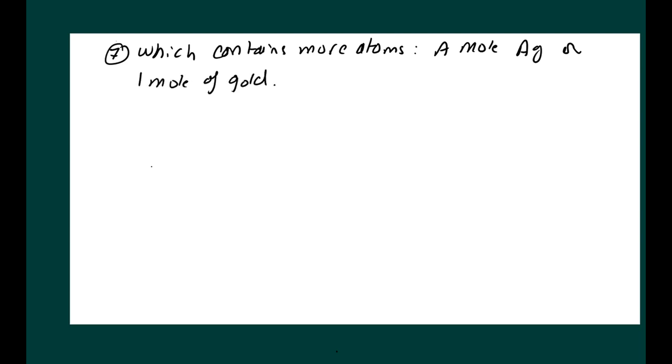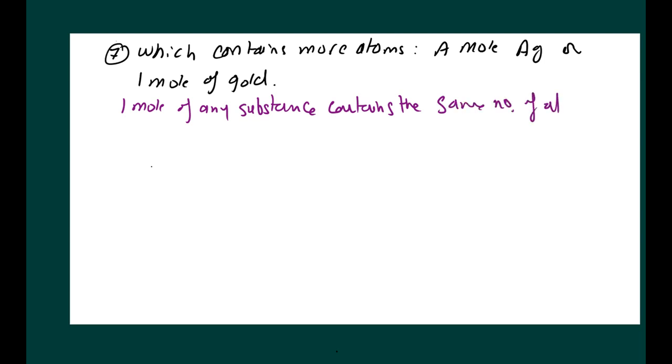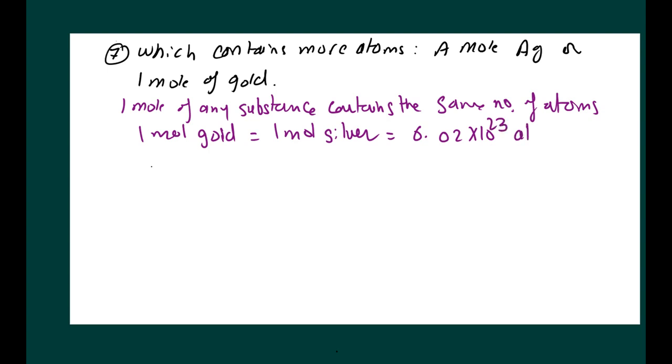As we have just learned, 1 mole of any substance contains the same number of atoms. So 1 mole gold equals 1 mole silver, equals 6 times 10 power 23 atoms.